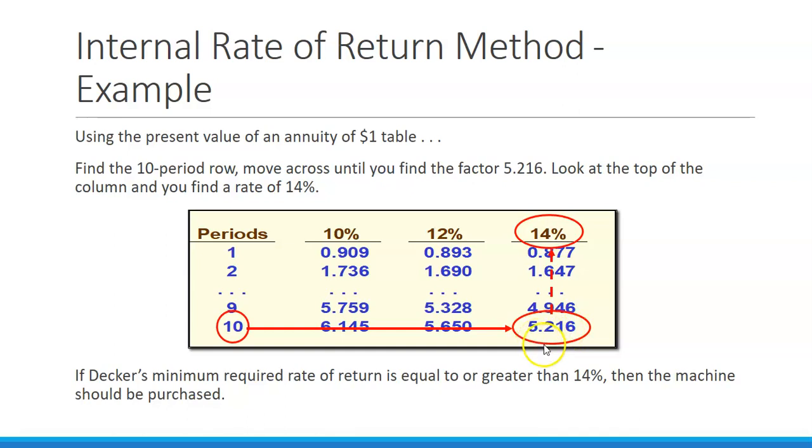So we got the number 5.216. That tells us it's 14%. So the internal rate of return of this project is 14%. If our minimum required rate of return is equal to or greater than 14%, then the machine should be purchased.